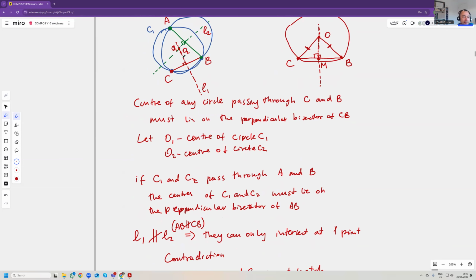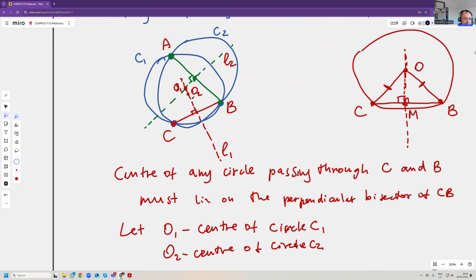And then the radius of the circle. So O1C is the radius of the circle, and so is this one, and then this one.